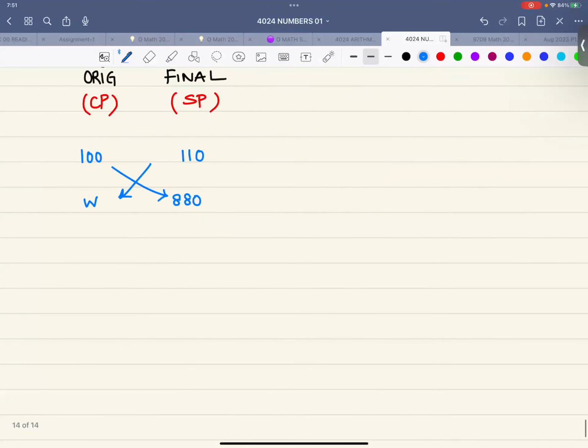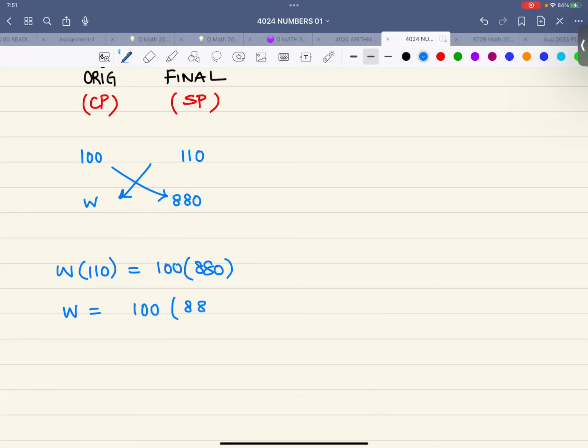This is W into 110 equals 100 into 880. We will also double check the answer. Therefore, W is 100 into 880 divided by 110. Now this 0 gets cancelled with this 0. No, it does not get cancelled.